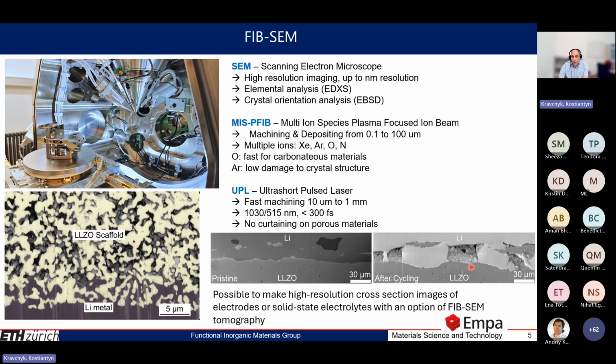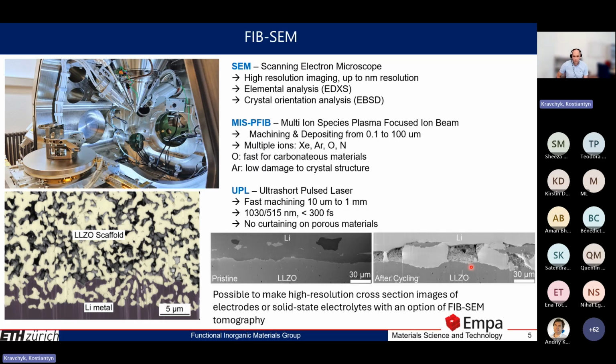So basically, as you know, during lithium plating and stripping processes, you might have formation of voids at the interface between lithium metal and solid state electrolyte, and I think this characterization of this interface from the formation point of view of these vacancies or voids could be quite important to understand the general degradation phenomena which could happen in your solid state battery.